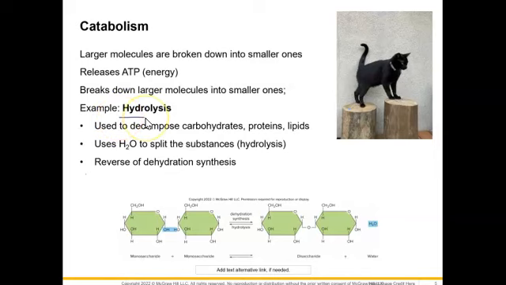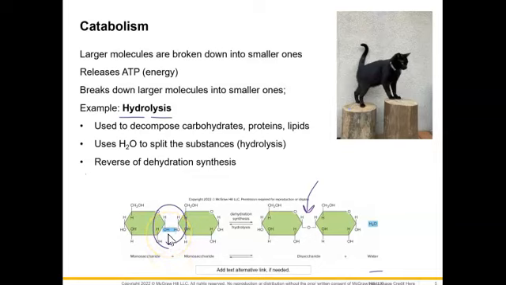So hydro just means water, and lysis means to break apart. So in these hydrolysis reactions, we will be inserting a water molecule, and that is going to insert right here in between two of those individual units.